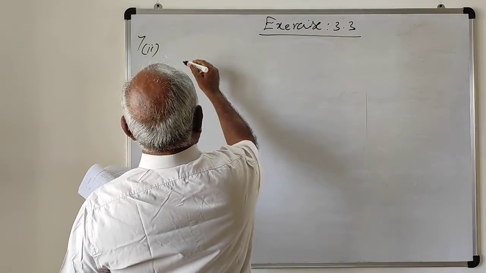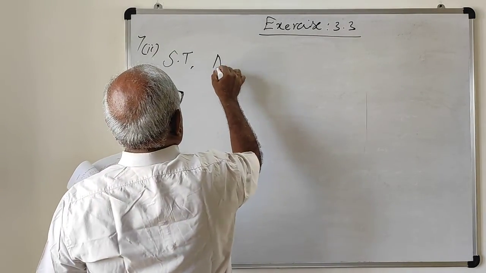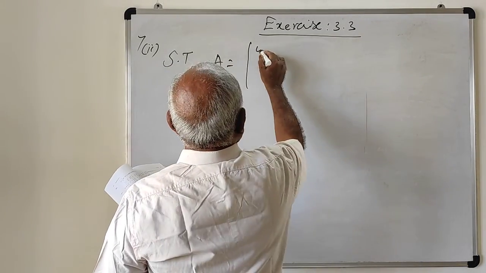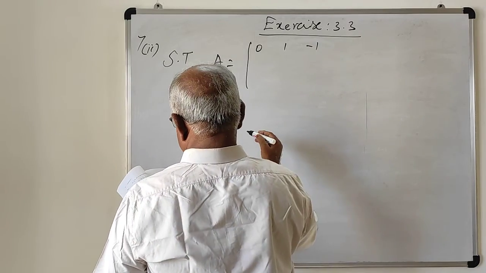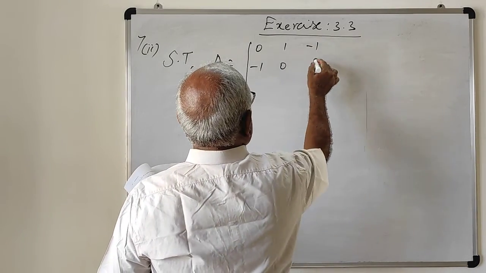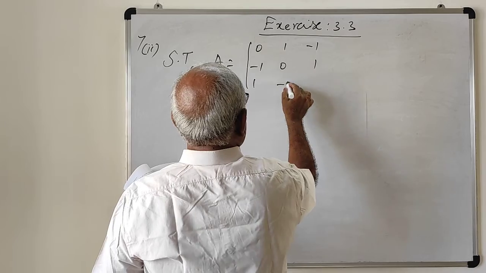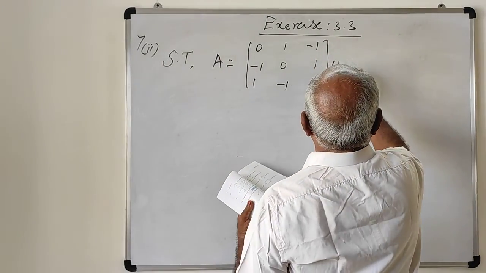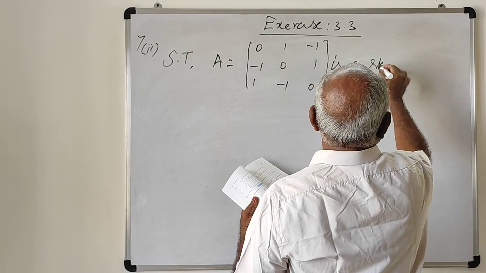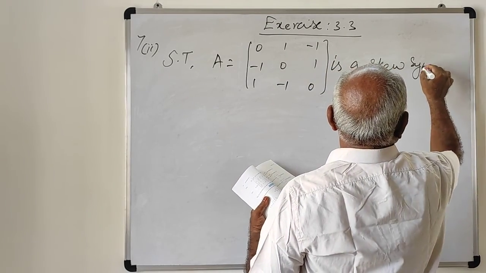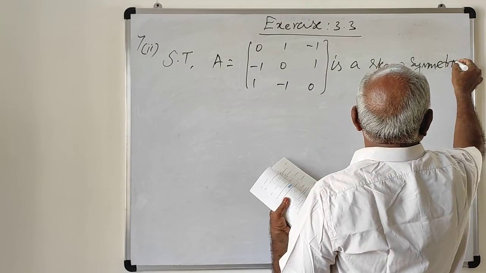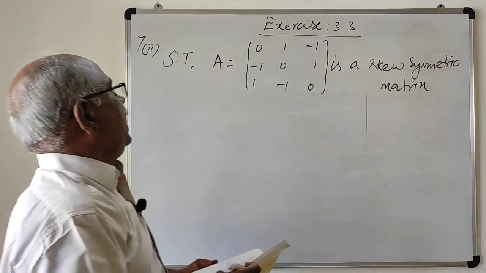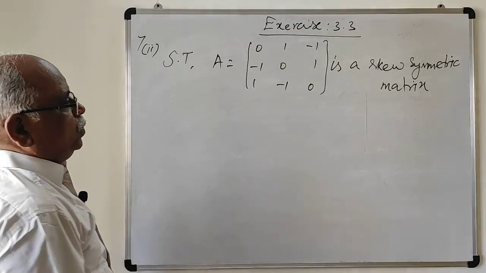Show that the matrix A, 0 1 minus 1, minus 1 0 1, 1 minus 1 0, is a skew symmetric matrix. The given A is a skew symmetric matrix.